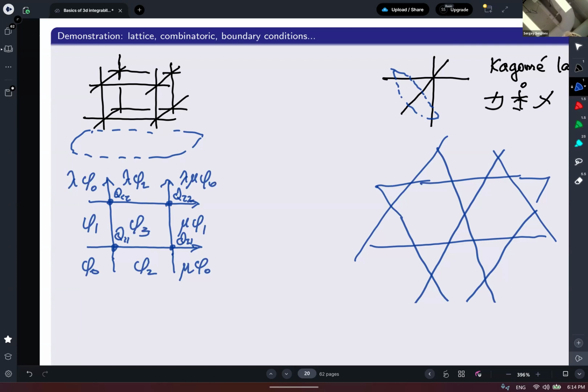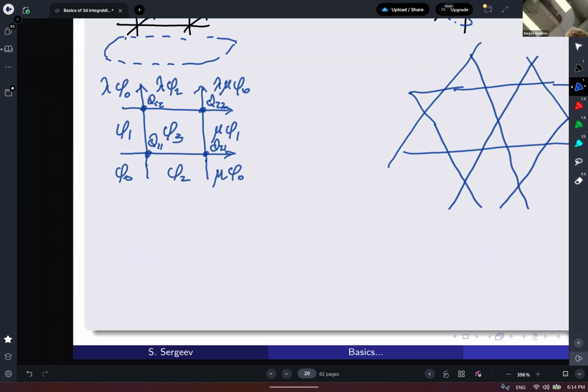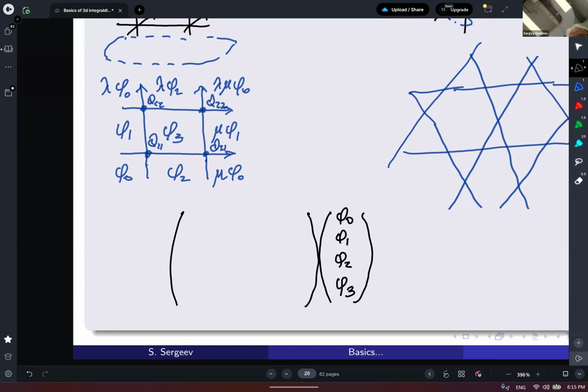It's Euler's theorem. On torus with periodical boundary conditions, number of vertices equals the number of faces. Therefore, we can collect all set of linear relations in a matrix form. Phi 0, phi 1, phi 2, phi 3 times matrix of coefficients.